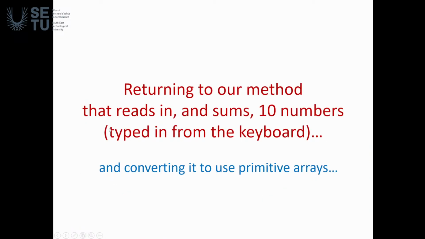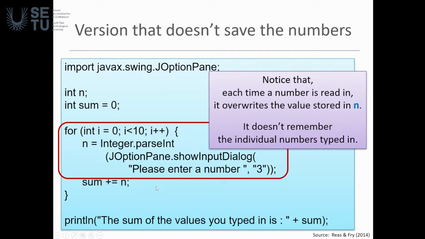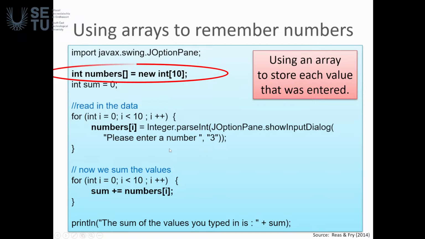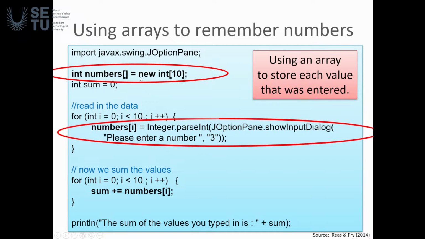Okay, so let's go back to our example that we were working on. We're going to read in and sum the 10 numbers using primitive arrays. In this case, it doesn't save them. We've said that it overwrites it every time. So let's have a look at what we're doing now. This time we're creating an array in memory.